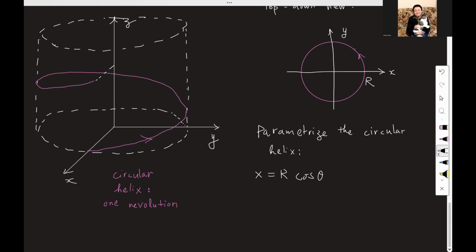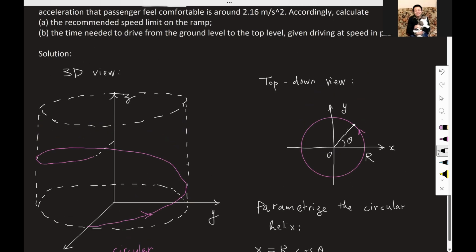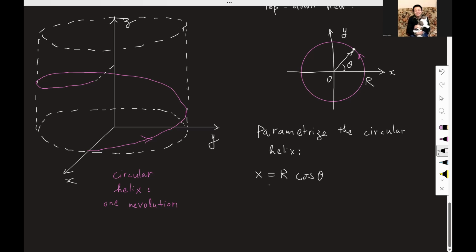Once again, I'm picking an arbitrary point on the circle, connected to the origin, and using the angle between the position vector on the xy plane and the x-axis as our parameter. x equals r cosine theta, y equals r sine theta. What about z? The fact that the curve is a helix implies that z has to increase linearly with respect to the angular variable. That just follows from the definition of a helix.